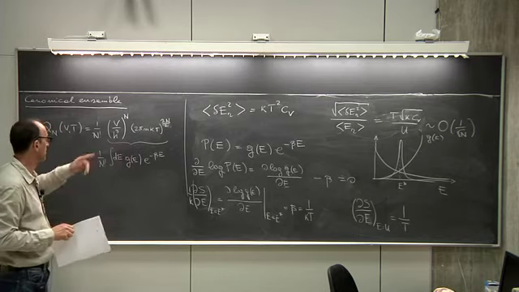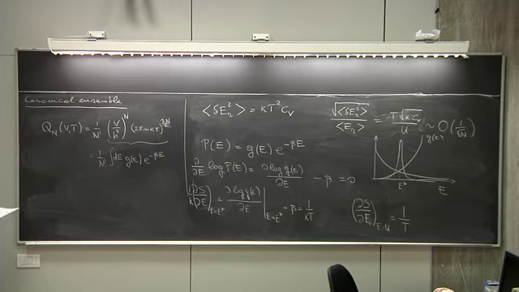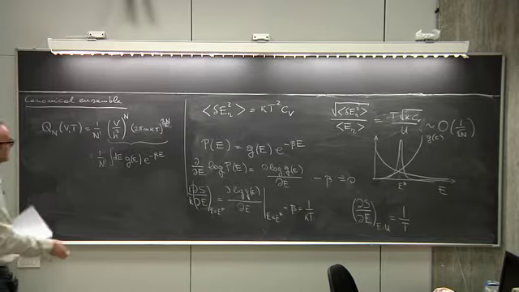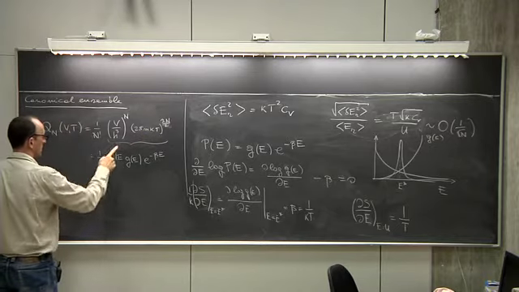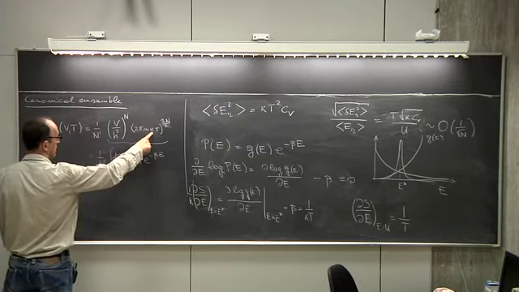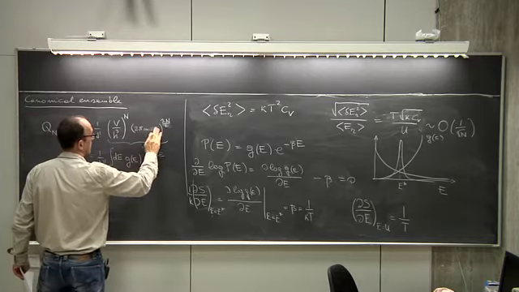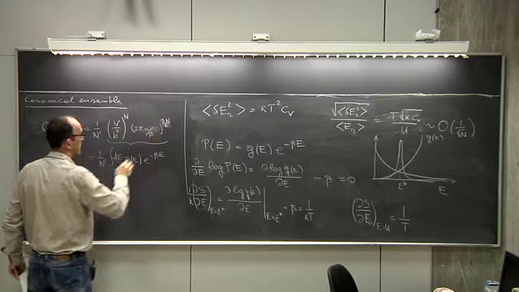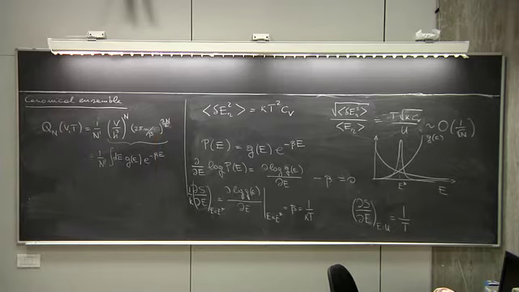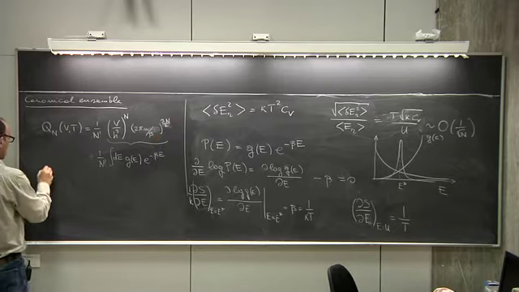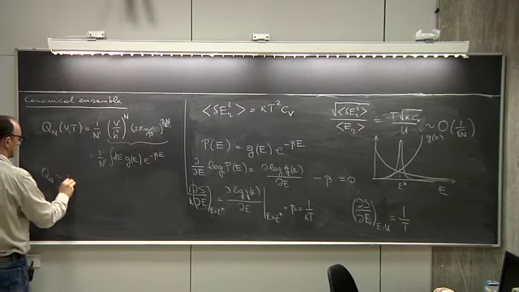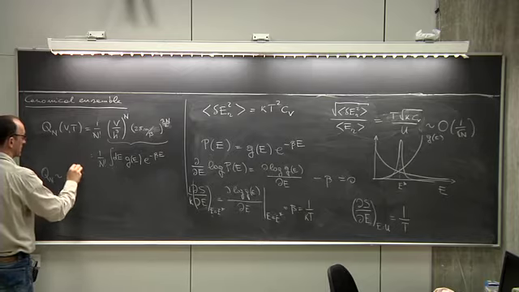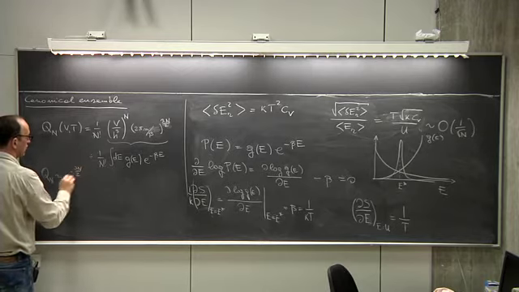In order to do this, note that kT is just 1 over beta. So you see this Q_N, apart from other things, is proportional to beta to the minus 3N over 2.